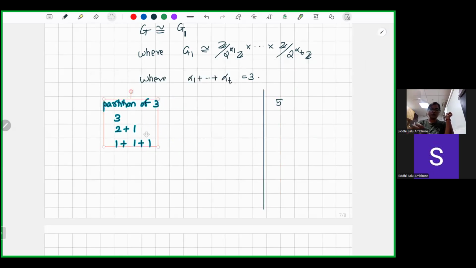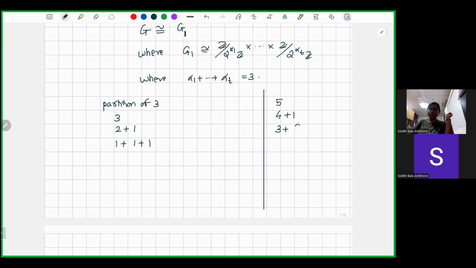The best way to count all the partitions is this: 5, then 4 plus 1.